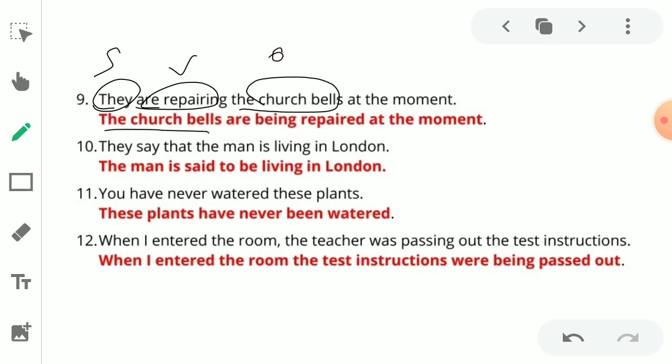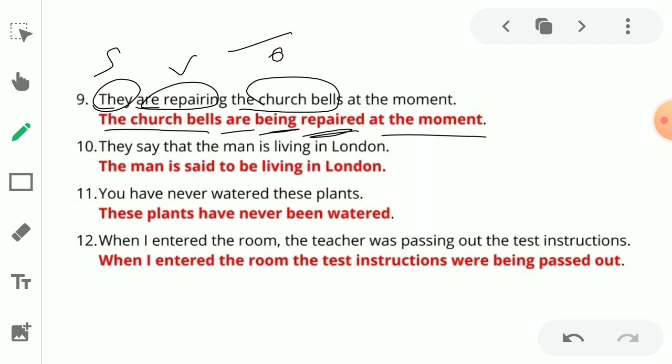The church bells, because the tense form is present continuous, you take the helping verb as it is. The church bells are being, because of the ing form, repairing. So being, then repair. What is the V3 form? Repairing is V4, then V3 is repaired. At the moment.